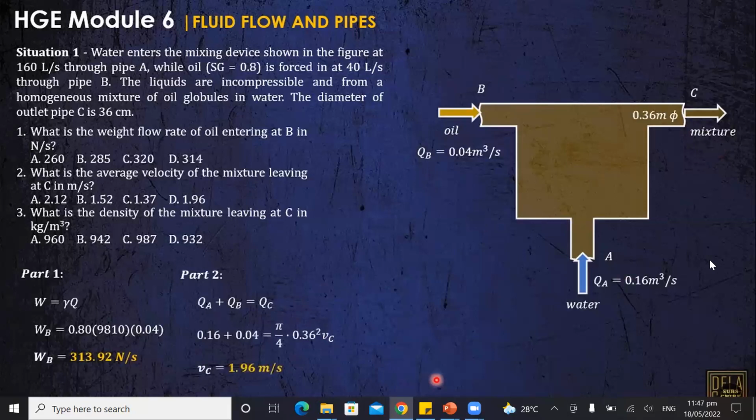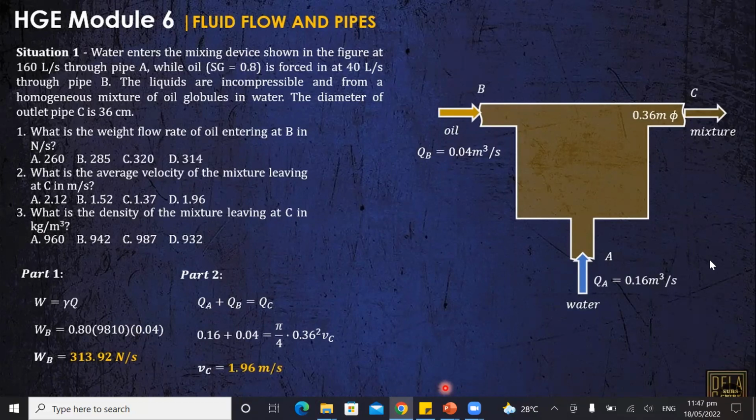All right. How about part 3. What is the density of the mixture leaving at C in kilograms per cubic meter? So if hinahanap yung density, saan natin makikita yung density dito? Anong formula yung dapat natin gamitin?